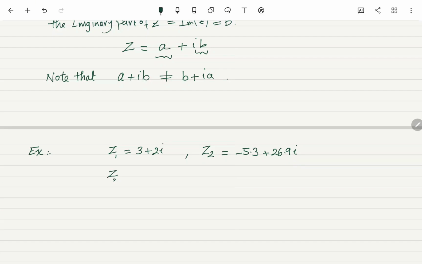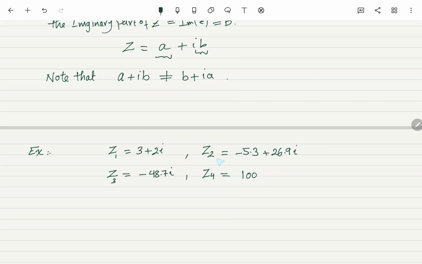Another example, z3 equal to -48.7i, for instance. In this case, the real part is equal to 0 and the imaginary part is equal to -48.7, and z4 equal to 100, for instance, and in this case the real part is equal to 100 and the imaginary part is equal to 0.